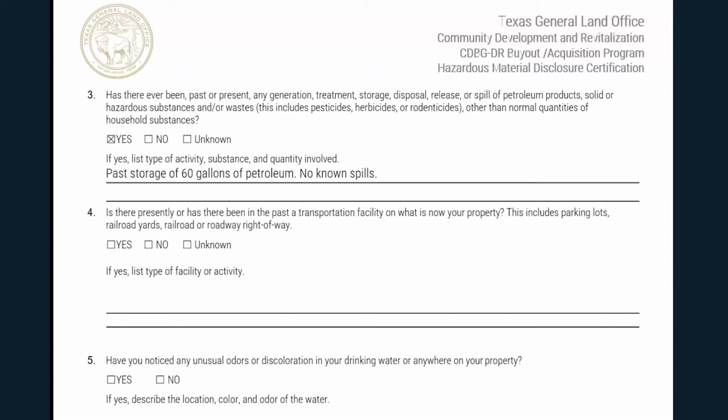The applicant should check yes, no, or unknown. If the answer is yes, they should list the type of facility or activity. For our example, Robert's buyout property is along a major roadway, and there is a right-of-way on his property, so he marked yes.